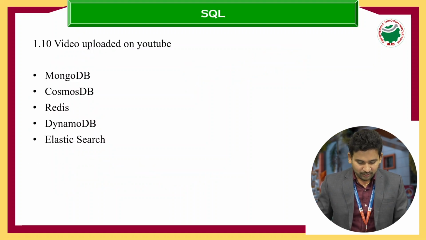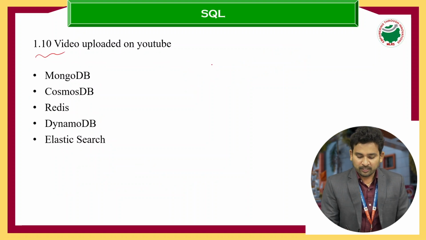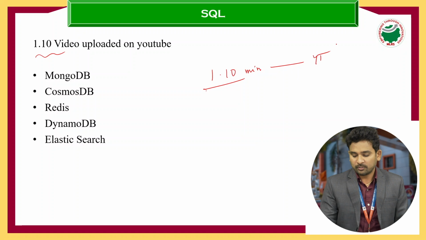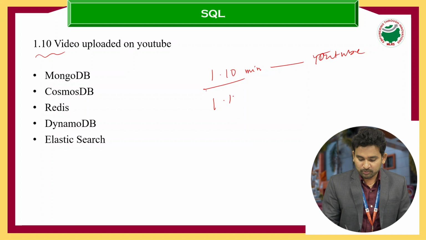data in the market. For example, you are uploading a 1.1 minute video to YouTube with a timestamp. Another person uploads a video to YouTube with the same timestamp.